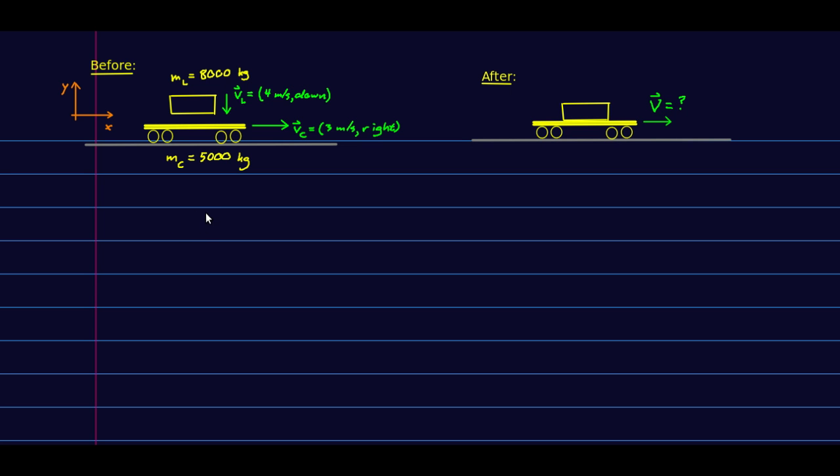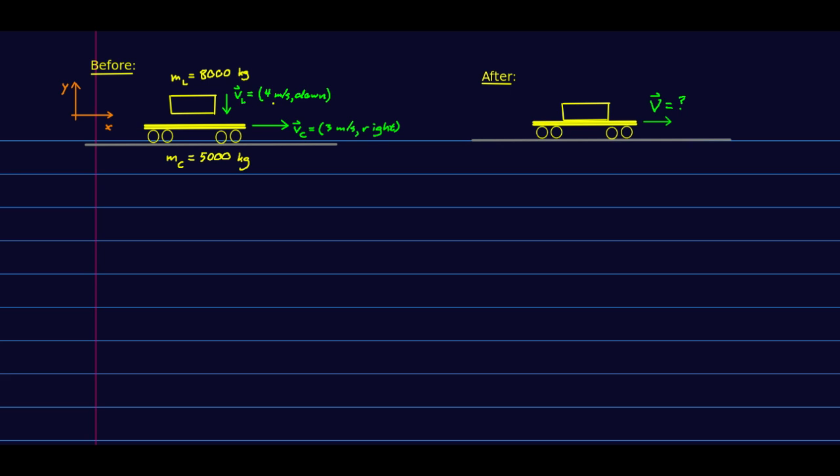Let's look at one more example, and this is going to illustrate some of the vector nature of all of this. So let's say we have a flat car running along on the tracks, and some object, I'm going to call it the load, is dropped onto it. This looks like an accident, right?